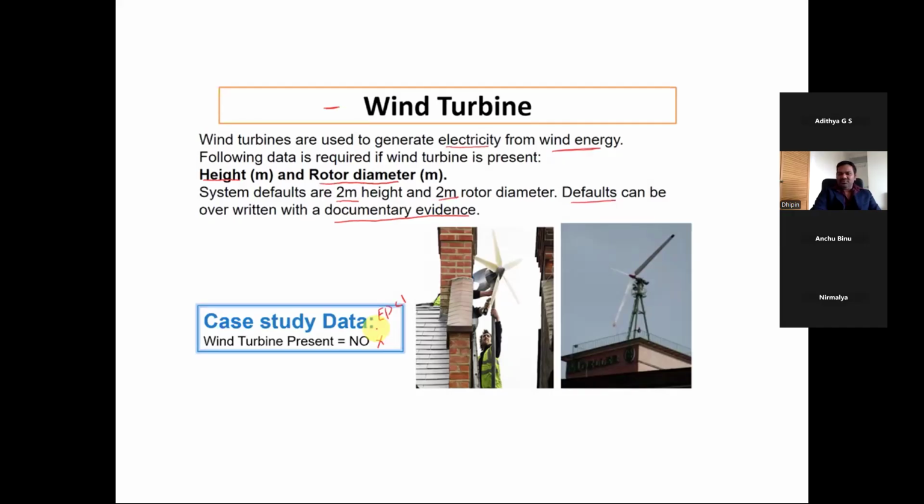As you can see, this is installed on top of a building. Wind turbines, we all know, are used to generate electricity from wind energy.